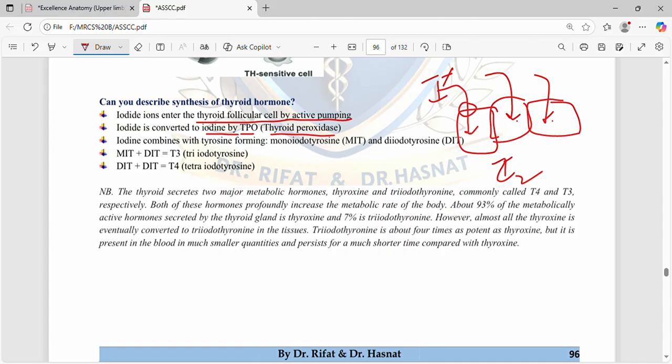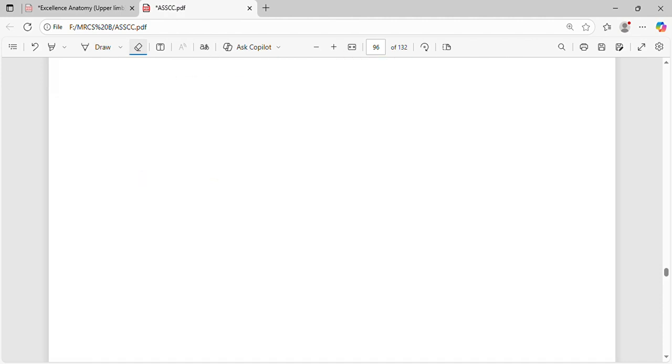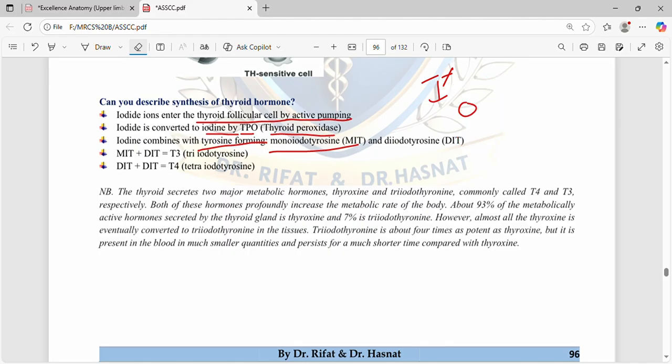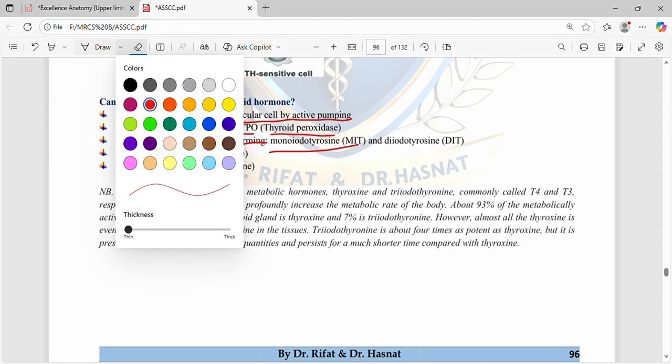iodine combines with tyrosine forming monoiodide. So here we have tyrosine in the thyroid cells or thyroid follicles. So what they do actually. So basically, the thyroid gland is in the form of follicles like this. So here they are.